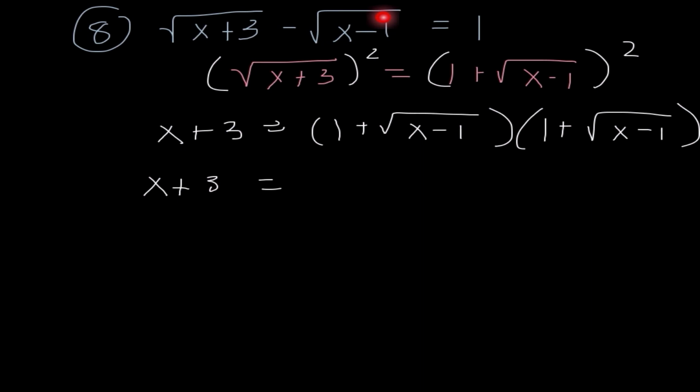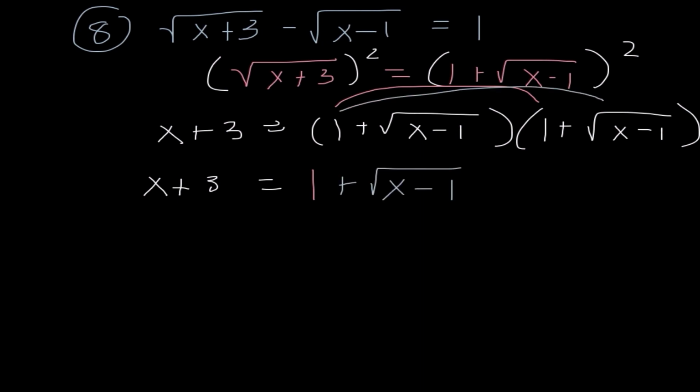So let's kind of color code this. 1 times 1 is 1. 1 times radical x minus 1 is radical x minus 1. Radical x minus 1 times 1 is radical x minus 1. And radical x minus 1 times radical x minus 1 becomes x minus 1 because we have a pair that we can go ahead and take out.